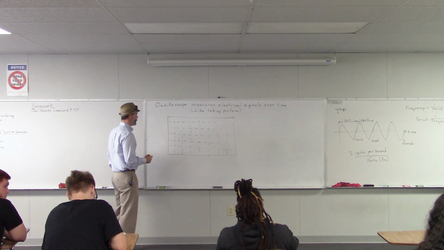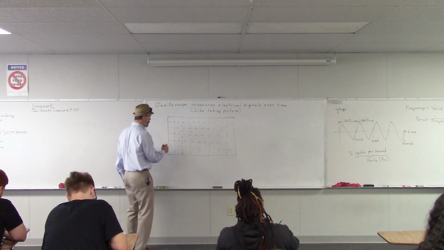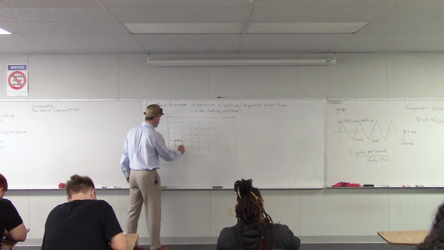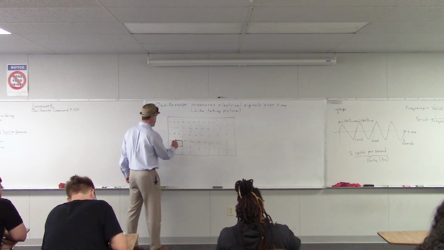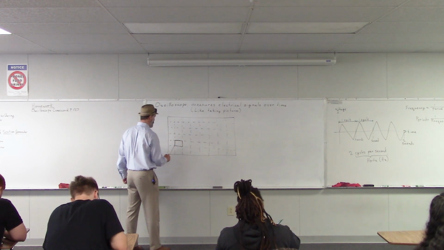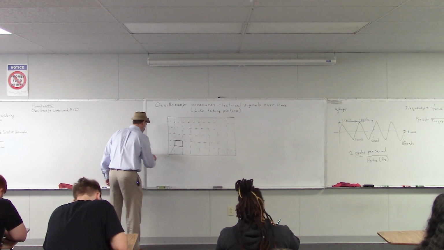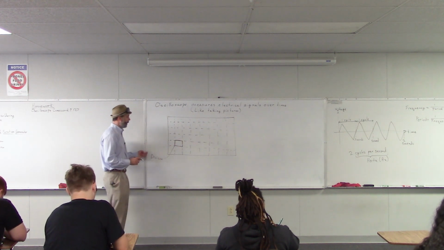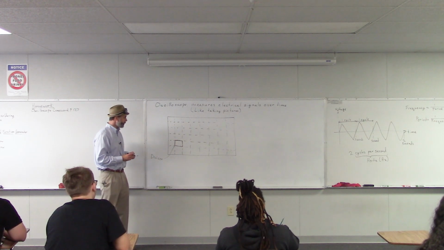So these dashed lines together make these little squares or rectangles on the screen. So each one of these little rectangles is called a division. So it's like a little box.